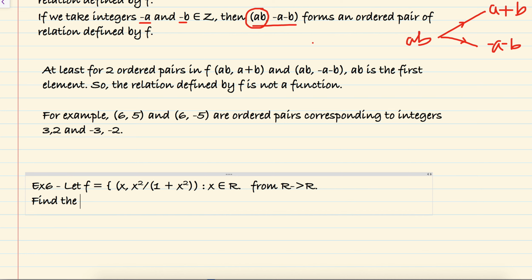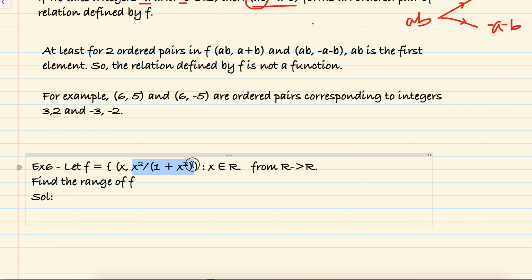The range is the set of values that this can output. The first element is the set of values that x can take, and the second element is the set of values that we get at output when we put different values of x. Here x square is always positive.